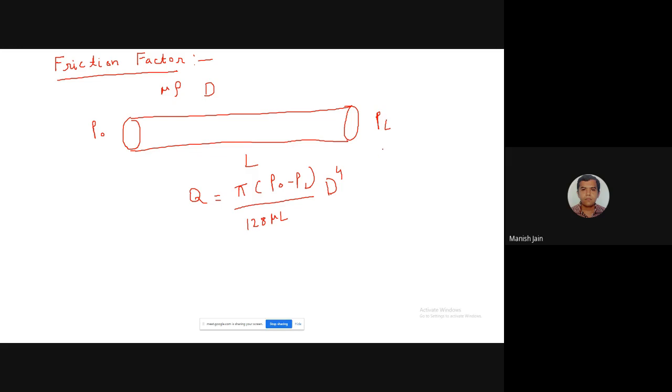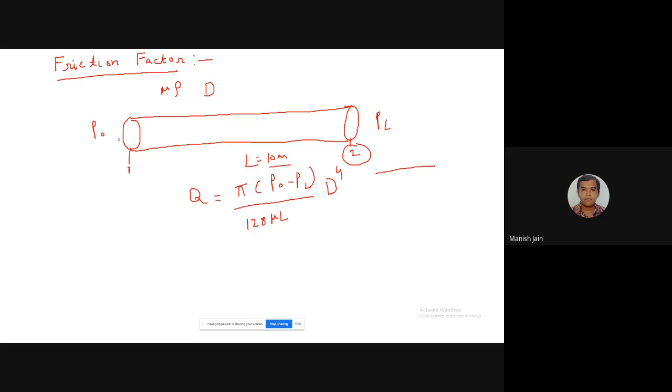In other words, suppose you have a pipe with L equal to 10 meter. If you want to flow the fluid from point 1 to point 2 in a horizontal pipe, and there is no potential difference, then this much pressure drop is required.